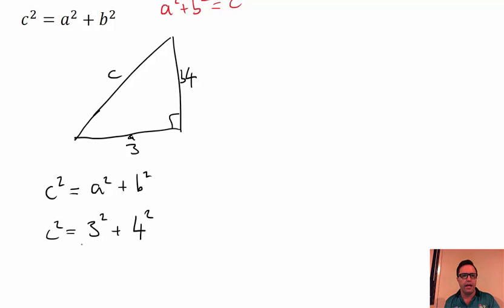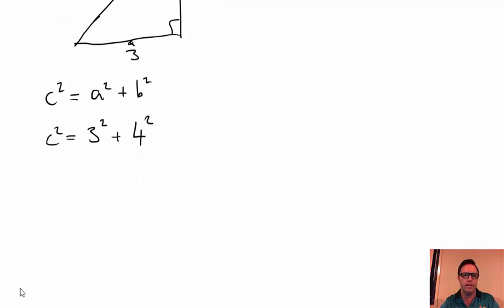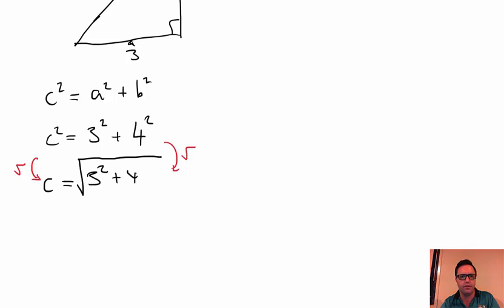Then to undo the squaring of this side, what we do is we take the square root of both sides. I'm going to write that here, so the square root of something being squared is just it by itself. It's equal to the square root of 3 squared plus 4 squared.